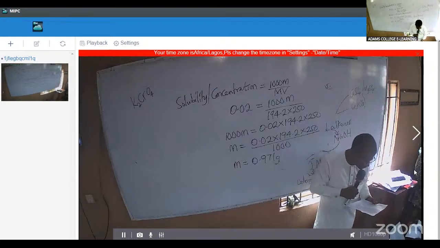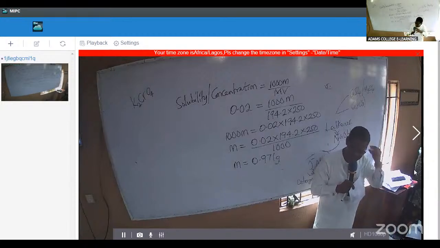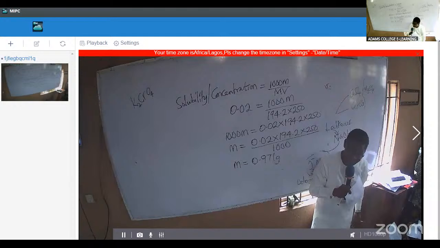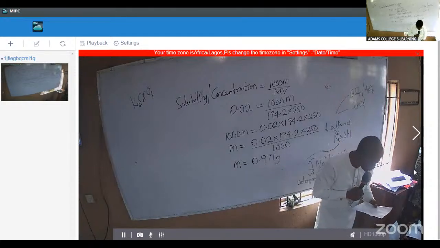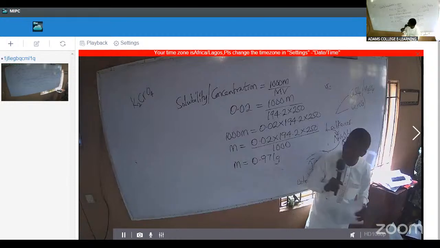Number 19. When 10 grams of sodium hydroxide is dissolved in 1,000 cm cube of water, some of you, there is possibility that you start having conflicting answers in your brain, because there are some past questions that we have given some strange answers that you have crammed. So you already condemn, Adams is wrong, I have known the answer before. You are deceiving yourself. When 10 grams of sodium hydroxide is dissolved, can you see that? The same formula.